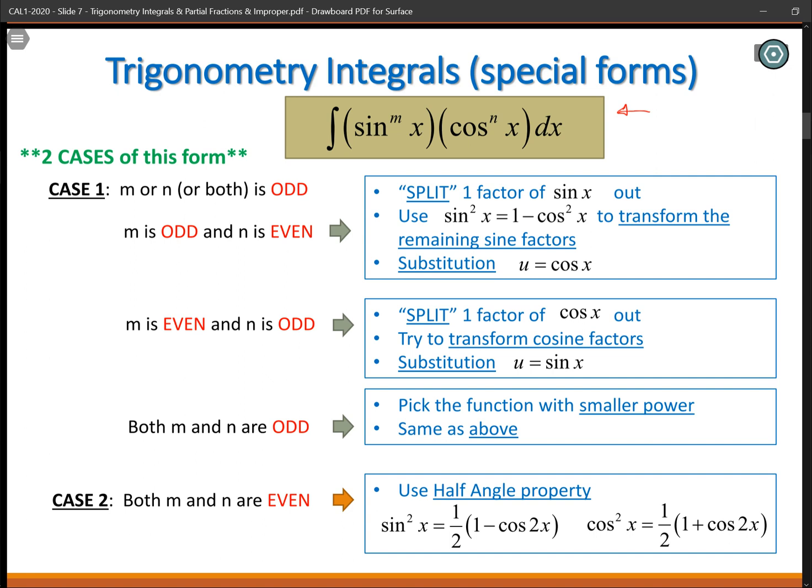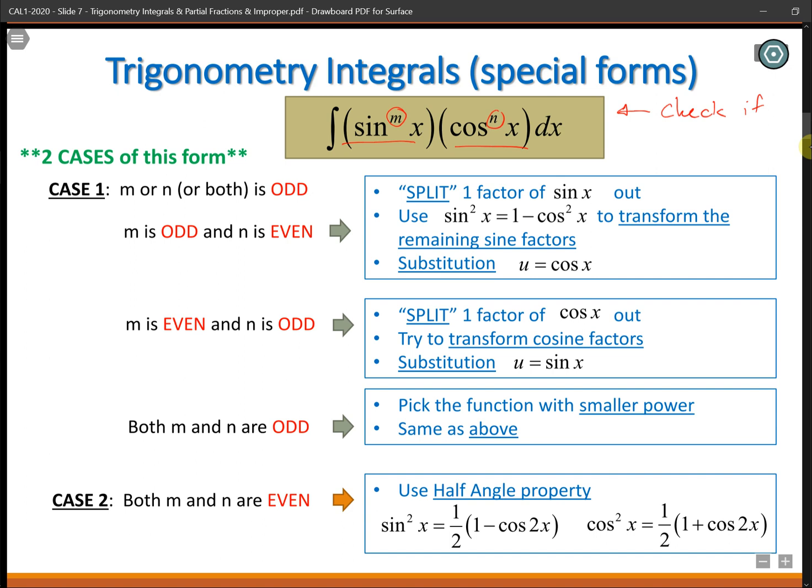All right, so the first thing that we want to check out is the even and odd property of m and n. The first thing we do when you see this pattern, sine and cosine, is check whether m and n are even or odd.